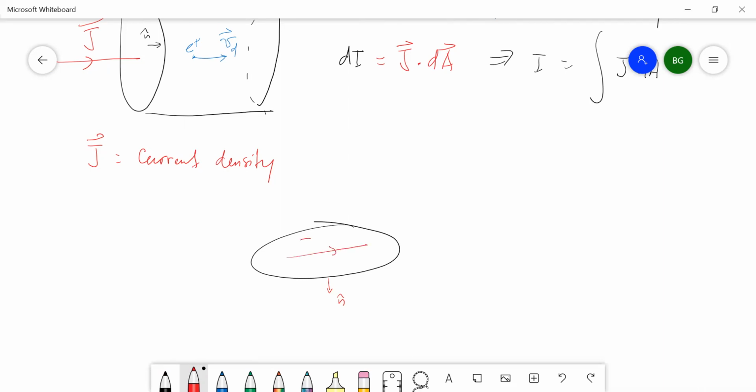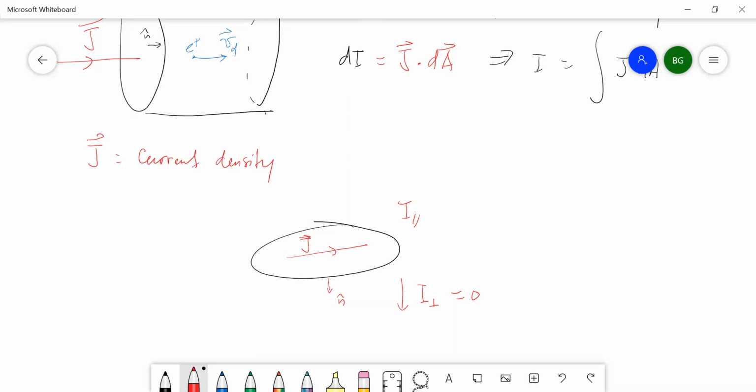Perpendicular J, something like this, okay? So let's say we call the perpendicular current in this case 0, okay? But this is only the parallel case.